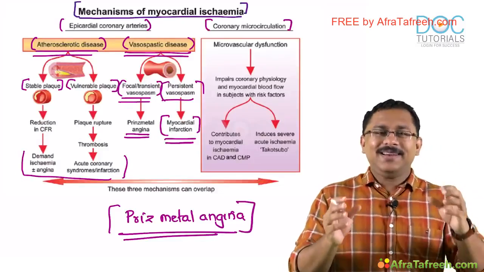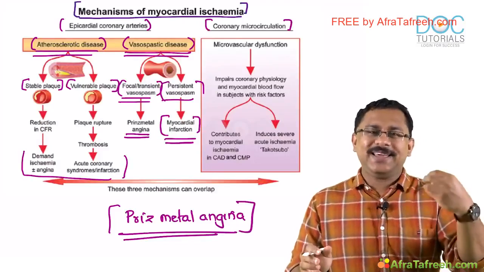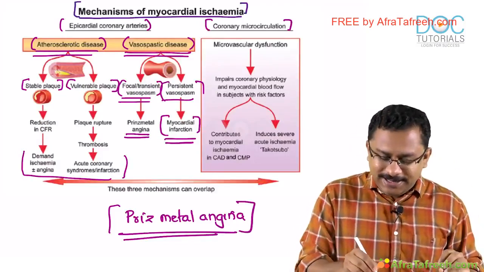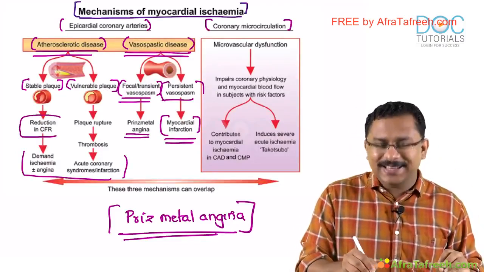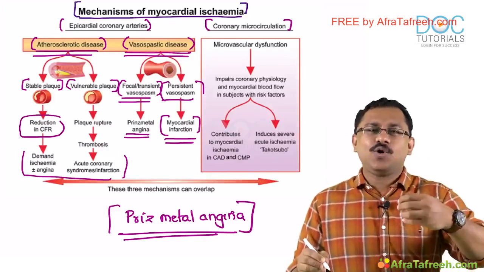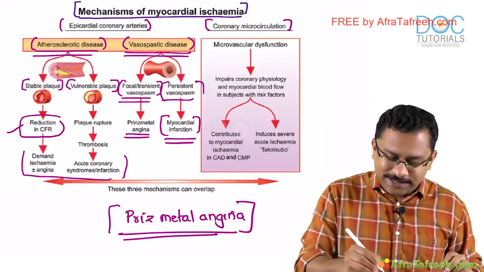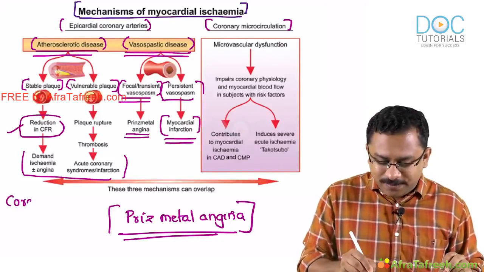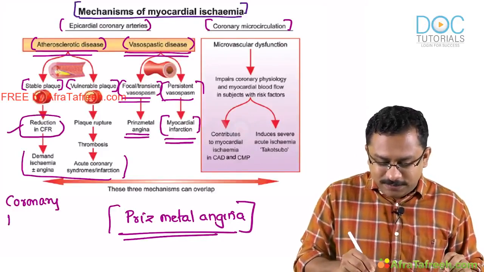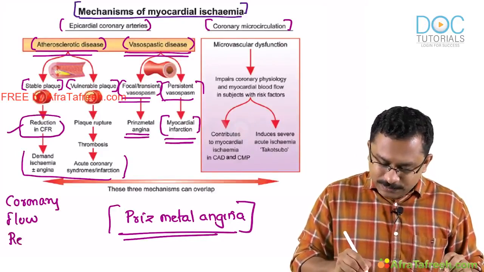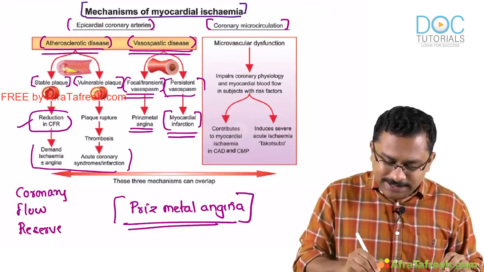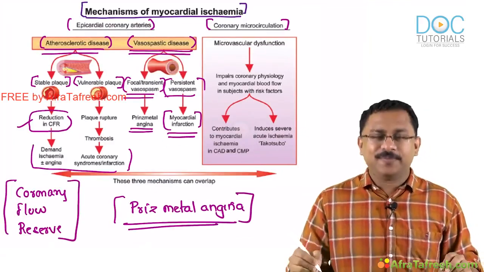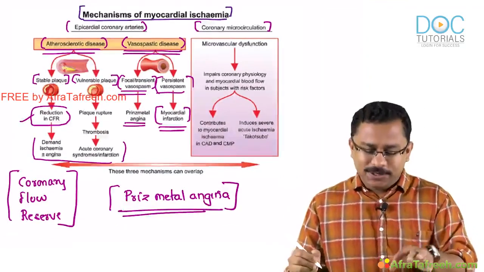When atherosclerosis affects an epicardial coronary, it can result in a reduction of the coronary flow reserve, CFR, resulting in an anginal episode.